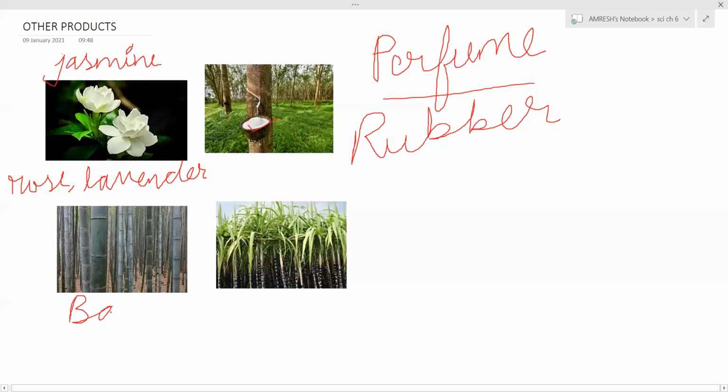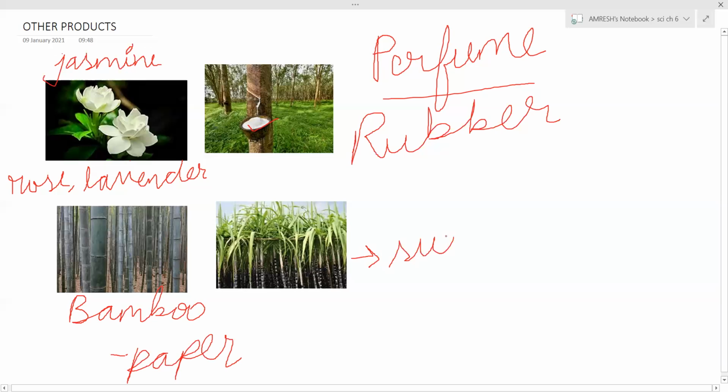This bamboo plant is used to make paper. And the sugar cane is used to make sugar. That much you remember. Sugar cane gives us what? Sugar.